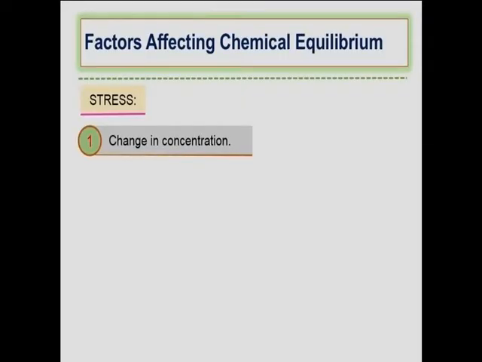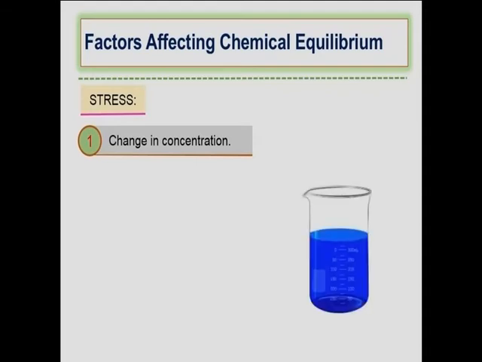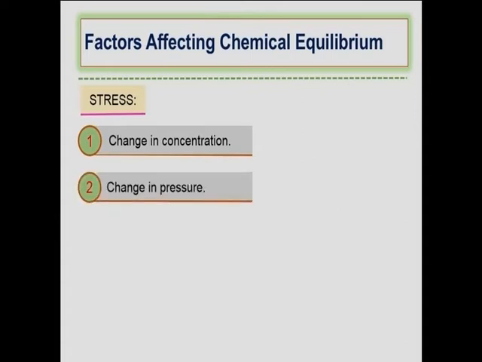So now let's look at the stresses, or the factors that affect chemical equilibrium. Change in concentration affects the chemical equilibrium. For example, let's say this solution has attained the state of equilibrium, and the equilibrium will be disturbed if we change the concentration by adding reactant or the product. Another factor is change in pressure.